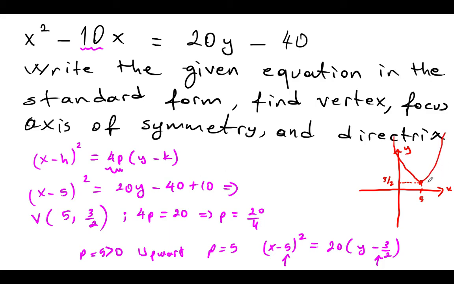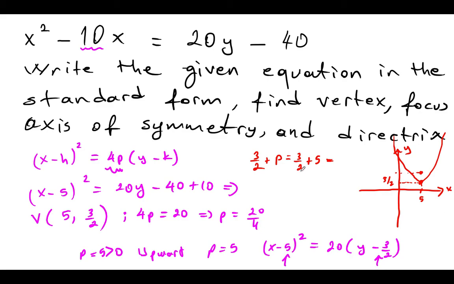If the parabola is here, the focus point must be somewhere here. So how can I find the focus point? I just add p units to the y component of the vertex. For the focus point, I have to add 3 over 2, which is the y component of the vertex, plus p, which means 3 over 2 plus 5.